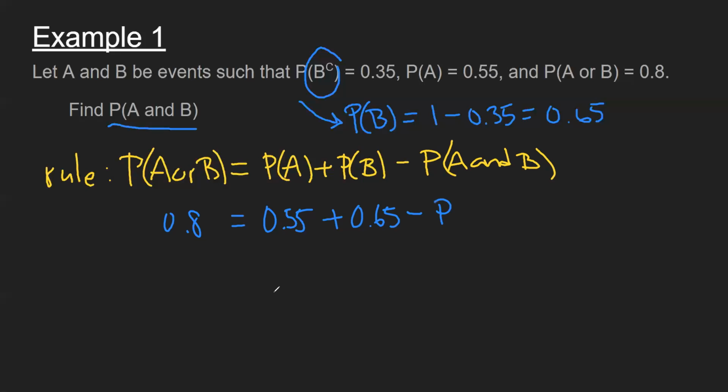And so the only term that is unknown is the actual one we're looking for. By applying the appropriate rule and recognizing what you're given, you can often turn these probability examples into just plugging numbers into rules. And finally, if I go through a little bit of algebra and solve, we can find that the probability of A and B is going to be 0.4.